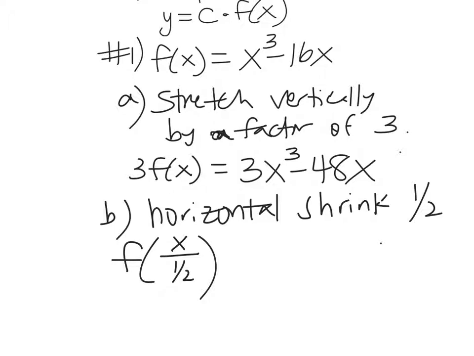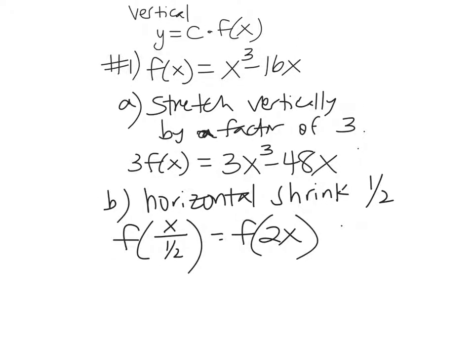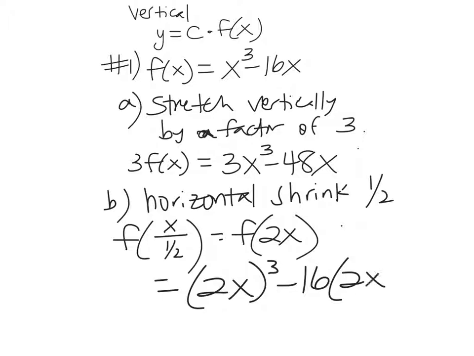Now nobody likes that, right? x divided by a half. That's the same thing as f of 2x. Take the bottom 1/2, flip it, and multiply instead. And so now we have to evaluate this function for f of 2x instead. So what is f of 2x? Well, it's 2x cubed minus 16 times 2x.